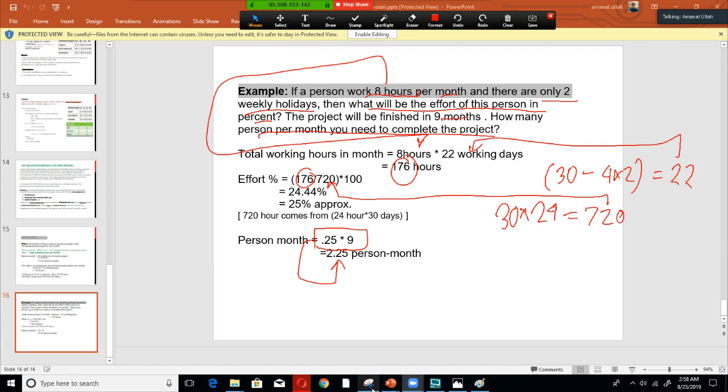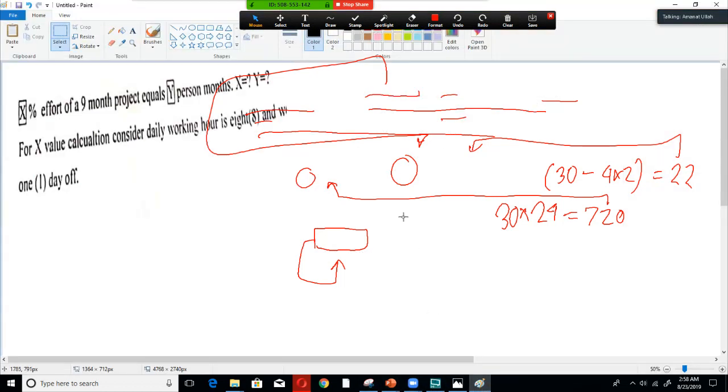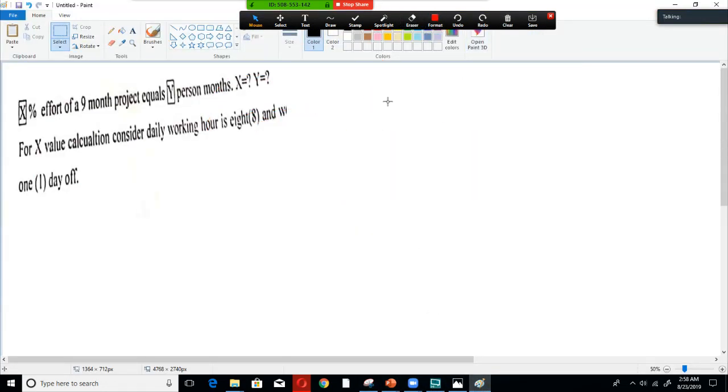Now let us look at another example. So here it says that x, oh wait, let me use the drawing tool. So x is the daily working hour.